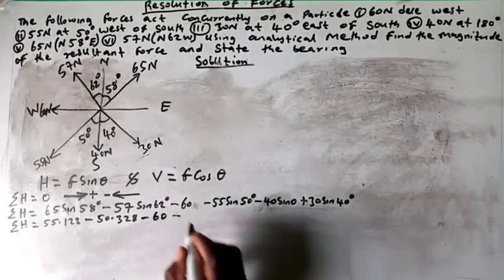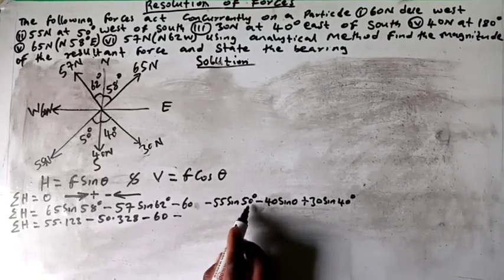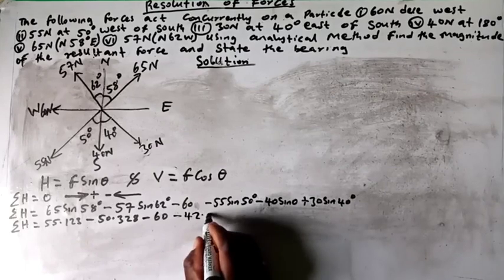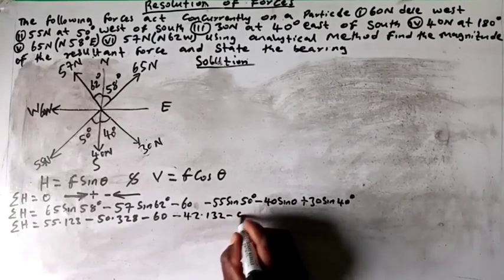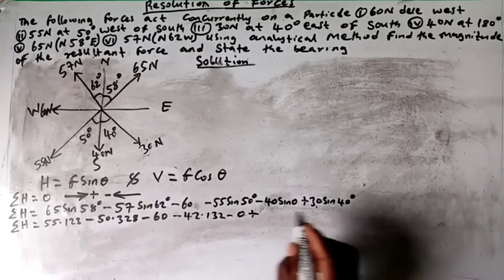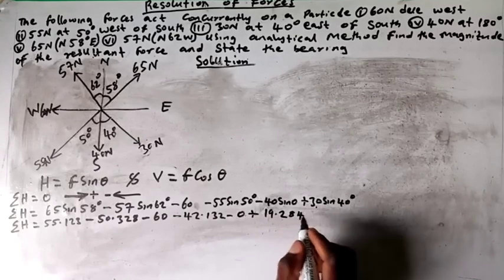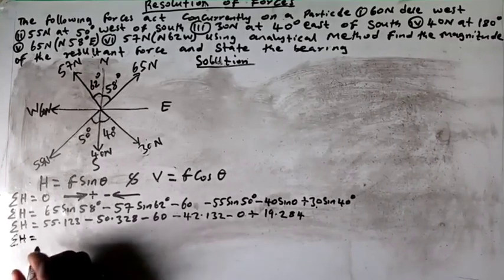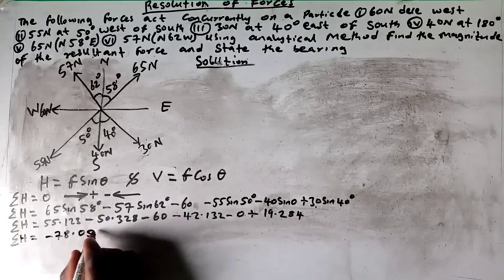Then minus 55 sine 50, which is 42.132. Then minus 40 sine 0, which is 0. Then plus 30 sine 40, which is equal to 19.284. If we sum up everything, summation of H will now be equal to minus 78.053 Newton.